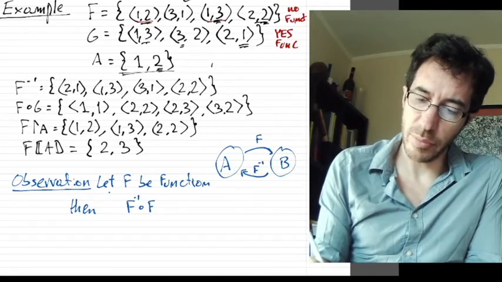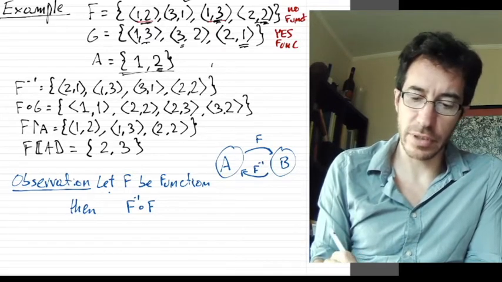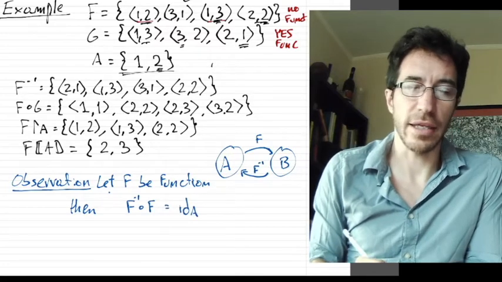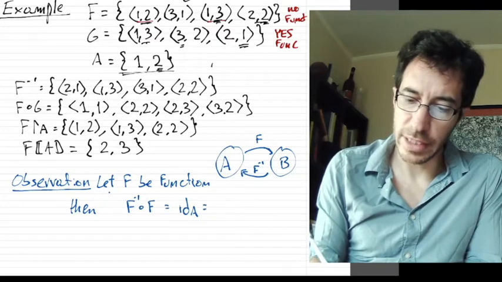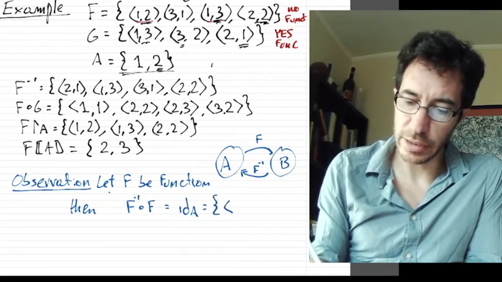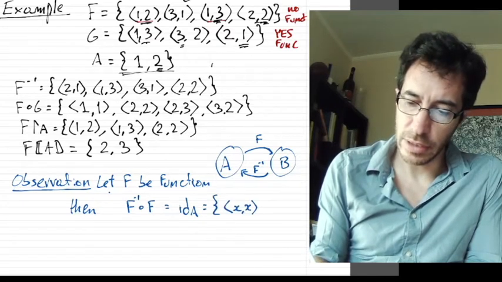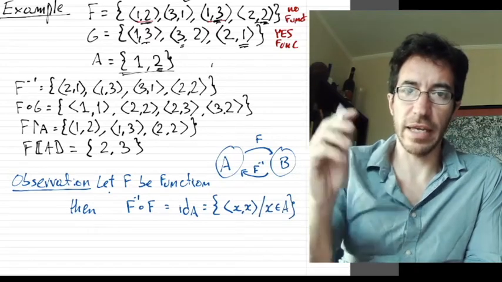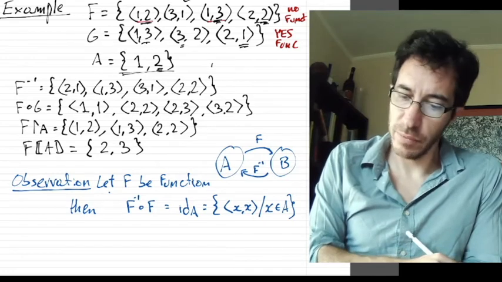What is F composed with F inverse? It's going to be the identity on A, the identity function on A. What is the identity function of A? It's the set of all pairs (x, x) such that x belongs to A. So every element of A is mapped to itself, right? We all know this.